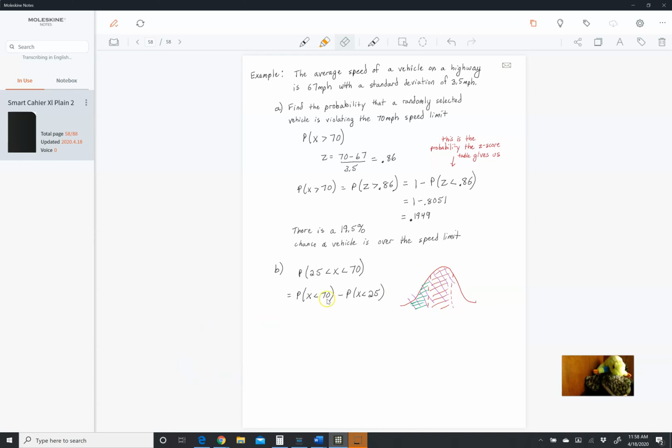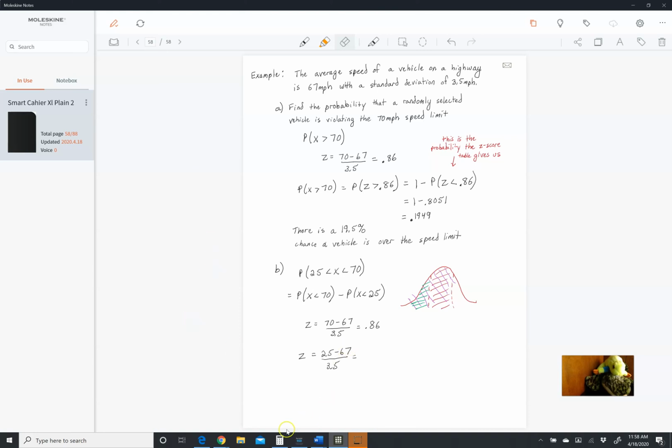So how do we find this? We have to find the z-scores for each one. We're going to find the z-score for 70, and then the z-score for 25. So it's 70 minus 67 over 3.5, which we already know from the previous one is 0.86. Now the z-score for 25: 25 minus 67 over 3.5.